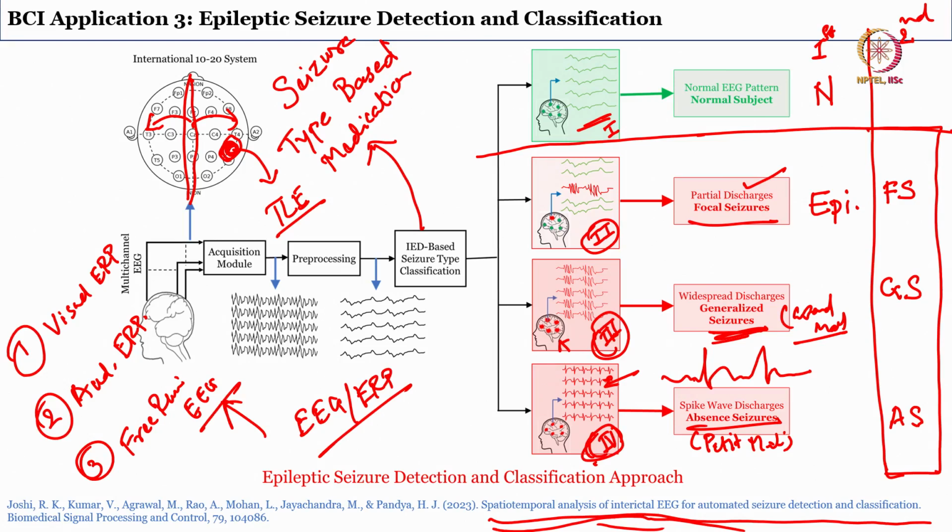These are some of the basic applications which I thought you should know, which come under the broader umbrella of BCI. Based on your application, I believe you would be able to at least have a rough idea about how to approach a particular problem using BCI and move ahead.